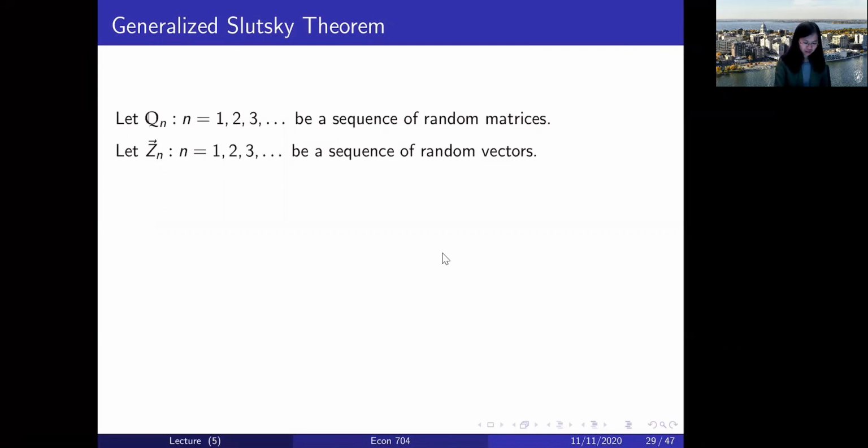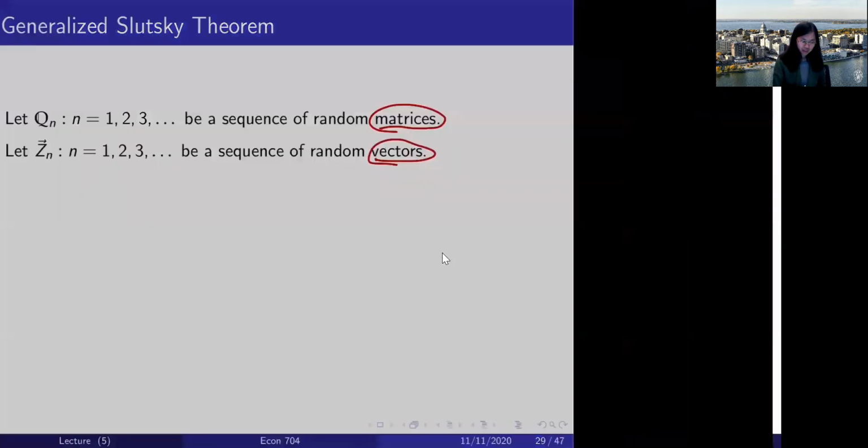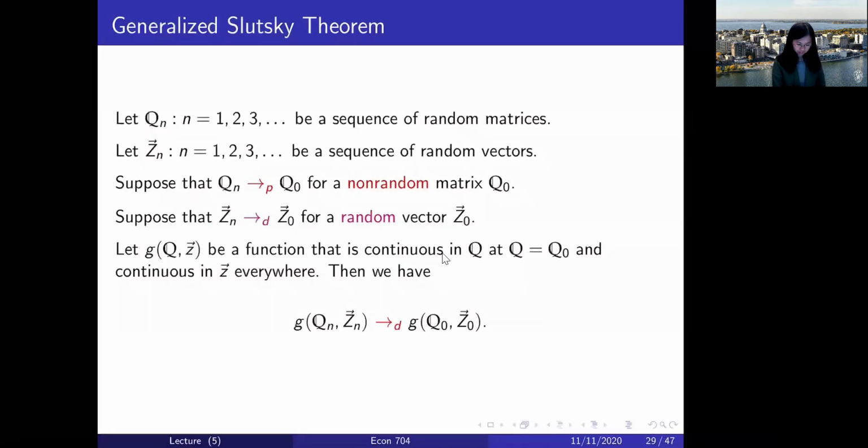Let Qn be a sequence of random matrices and Zn be a sequence of random vectors. And we're going to define a function g to be a function on Q and Z.